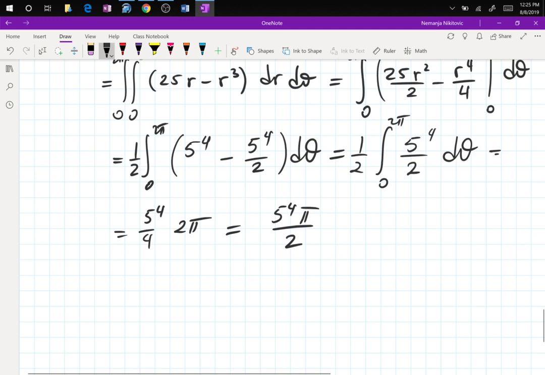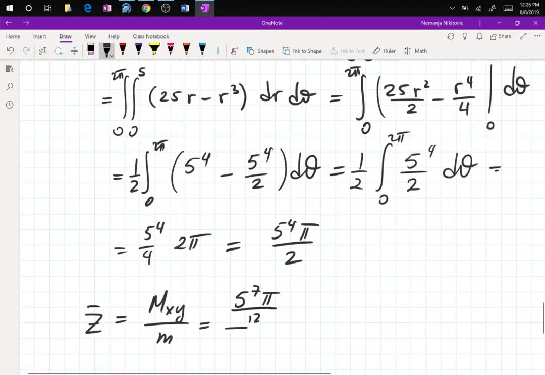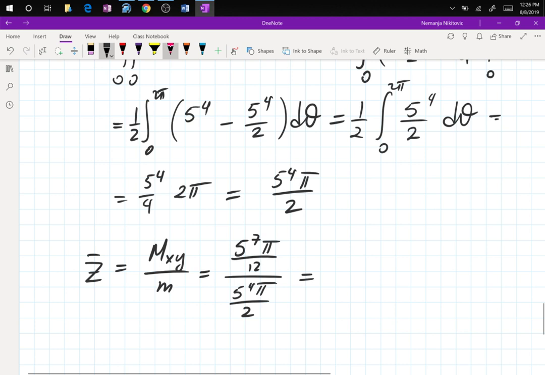So z bar is moment xy divided by the mass. That's 5 to the 7 pi over, I believe we had 6, no, we had 12, over 12, divided by 5 to the 4 pi over 2. Whole bunch of stuff cancels. Pi is canceled. 5 to the 7 and 5 to the 4, you get 5 to the 3. And this cancels, you get a 6. So you have 5 to the 3 divided by 6.